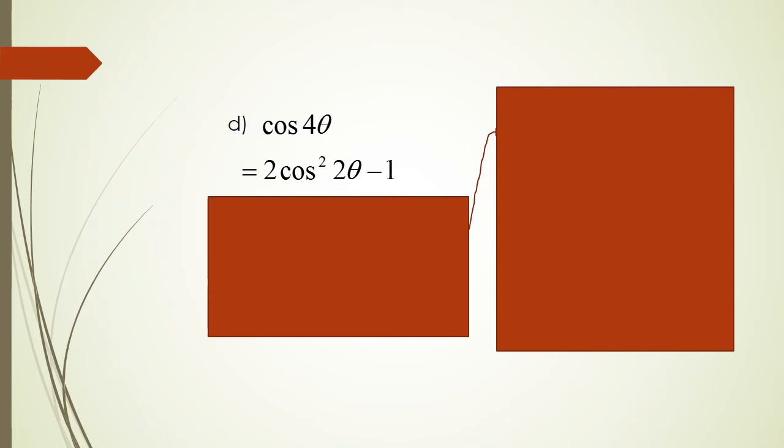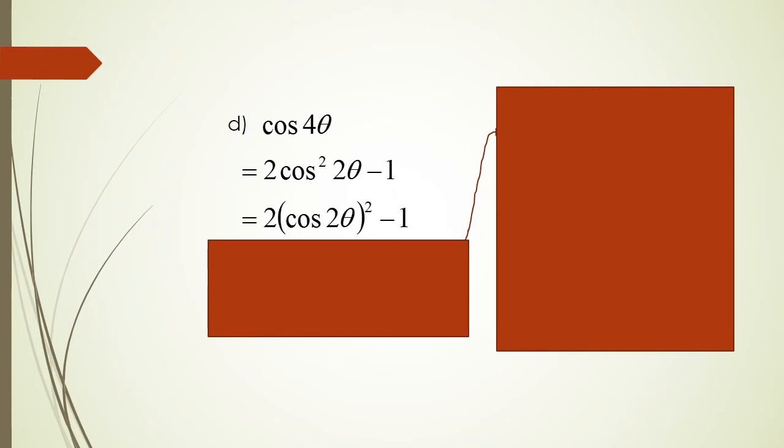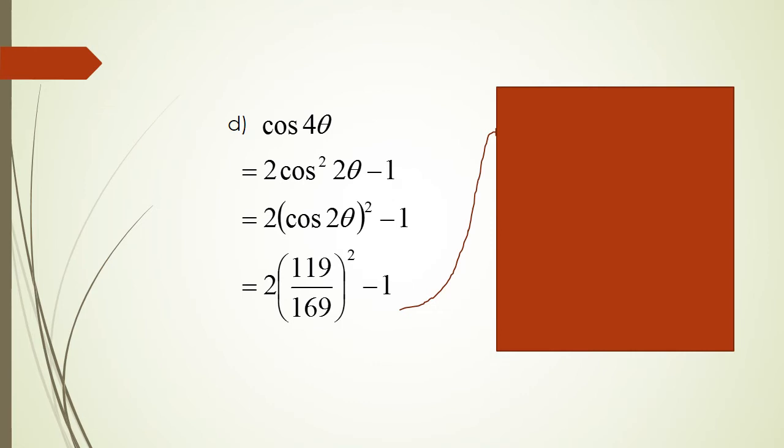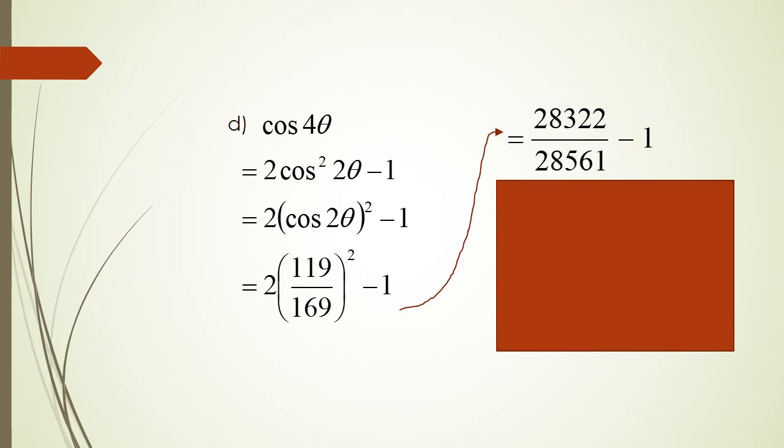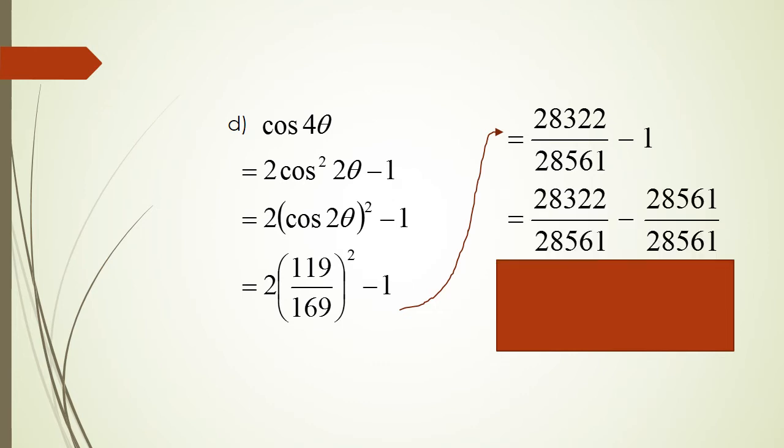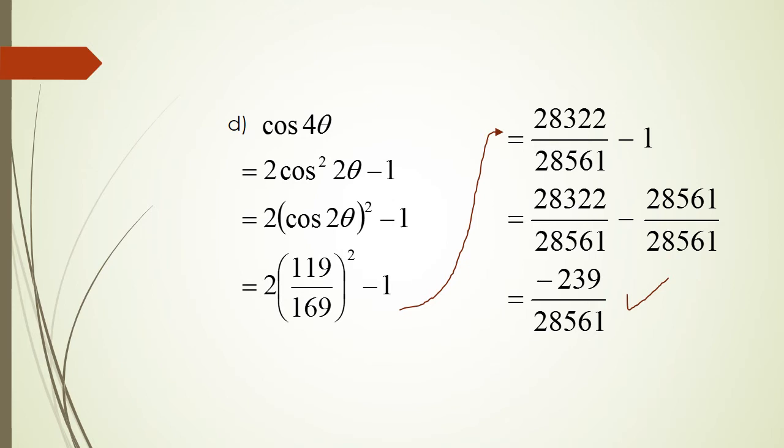But remember, that means that cos 2 theta has to be squared, and I'm using this version because we found a few minutes ago secant of 2 theta. So if we flip that back, we'll have cos of 2 theta. And cos of 2 theta is 119 over 169. Now I guess you'll need a calculator for this because you have to square it, multiply it by 2. And now you need a common denominator. Subtract, and you have your final ugly answer.